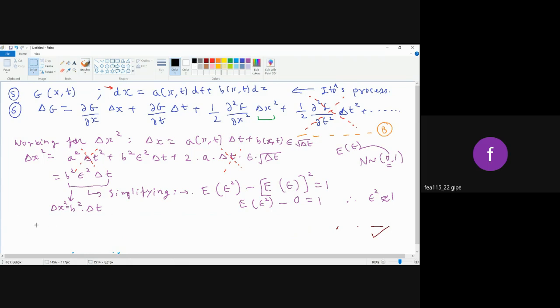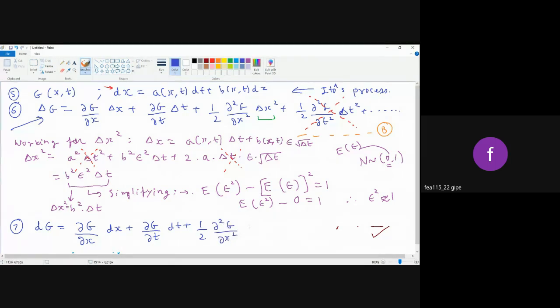So we have a dG. Let me just use some other color. So step number 7, I have dG is equal to, I'm just using equation B and rewriting it here, ∂G/∂x into dx, writing it in continuous form, plus ∂G/∂t into dt, plus 1/2 ∂²G/∂x².